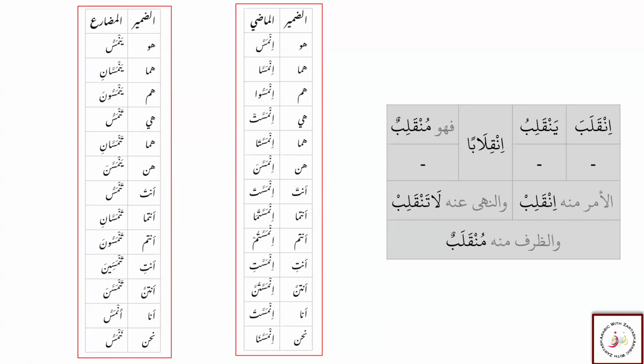Huma in massa, hum in massu, hiya in massat, huma in massata, and hunna in massasna. Then we have anta in massasta, antuma in massastuma, antum in massastum, anti in massasti, antunna in massastunna, ana in massastu, nahnu in massasna. Like that, we will continue.